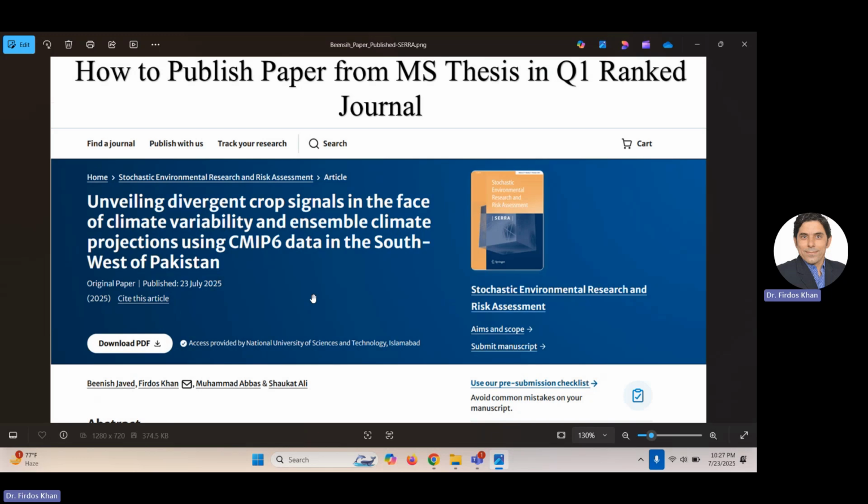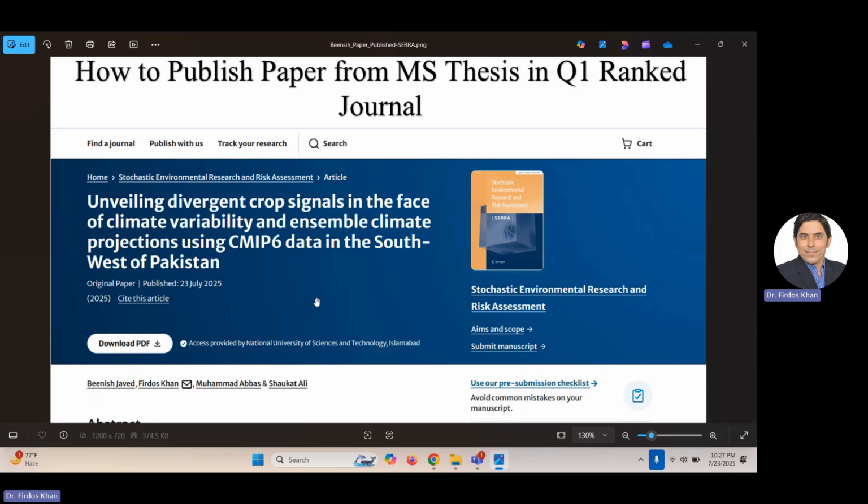So you can do similar work, or make a few changes and do the work in your country or a region of your country, and publish a good paper that can be good for your country and for policymakers, to help them, and so on. So this is about how to publish a paper from an MS thesis in a Q1 rank journal.